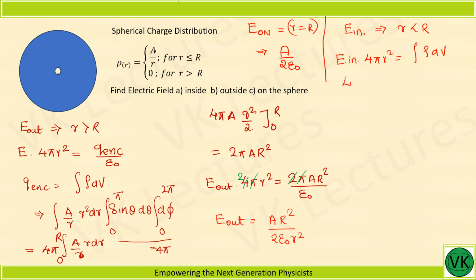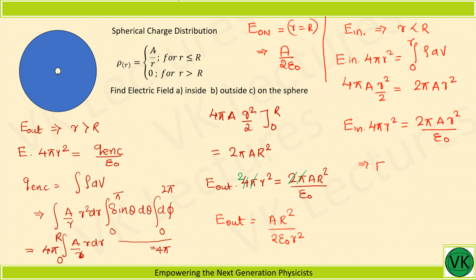So 4 pi A r square by 2, the integral being from 0 to small r, that is equal to 2 pi A r square. So electric field inside into 4 pi small r square equals 2 pi A r square by epsilon naught.